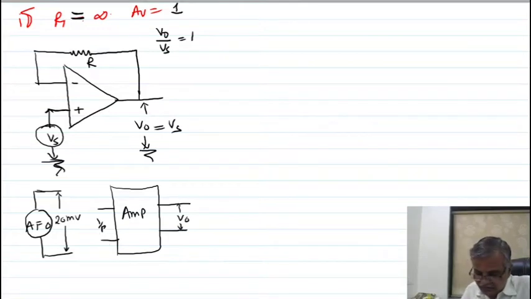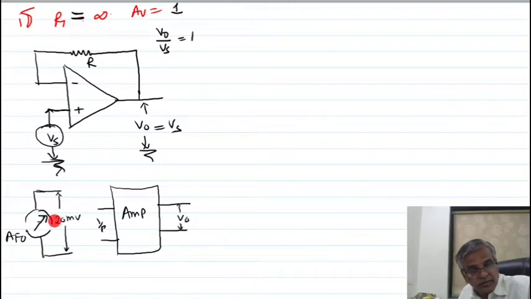In this meter, these meters show 20 millivolt. You have adjusted 20 millivolt because you want to give this voltage to the input of this amplifier. So you have adjusted 20 millivolt before connecting to these two terminals.